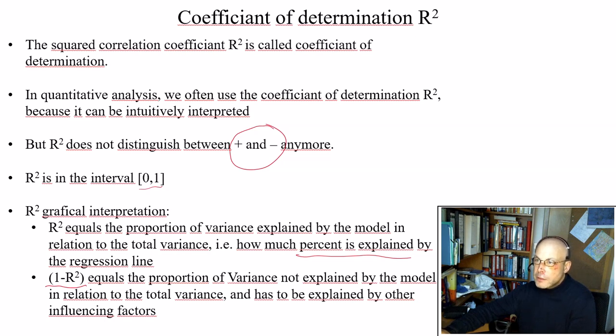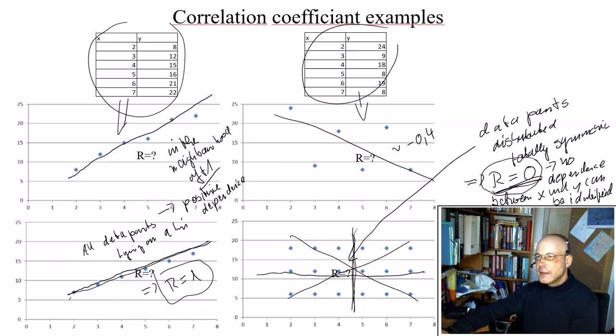But of course, we have to keep in mind that squaring a number means we have no information anymore about a positive or a negative dependence. But anyway, we directly see if we plot the data if we have fitted a positive or a negative line like in these two examples here.